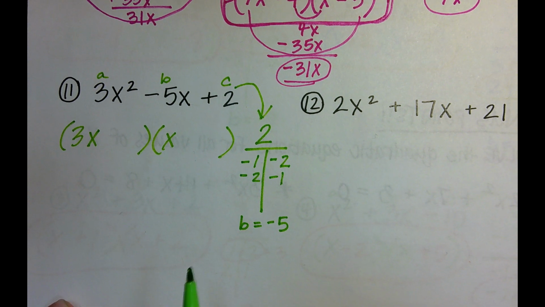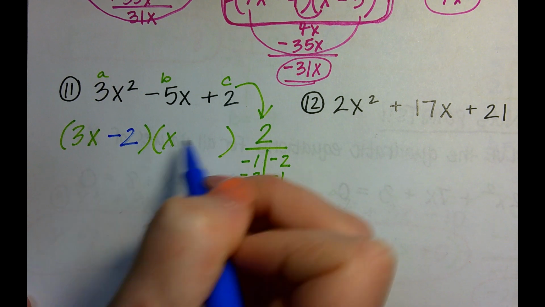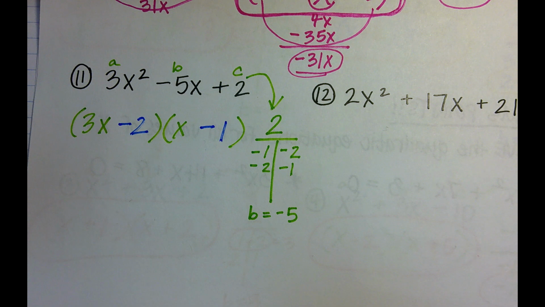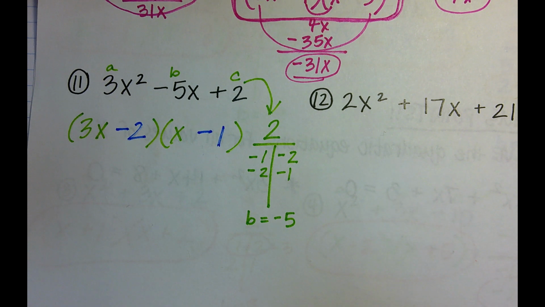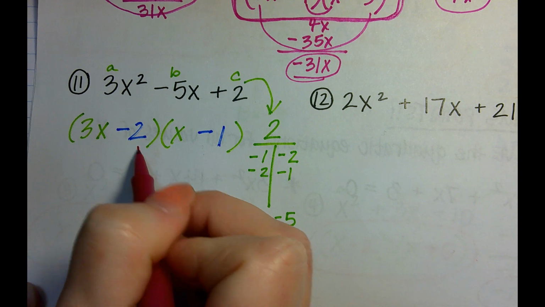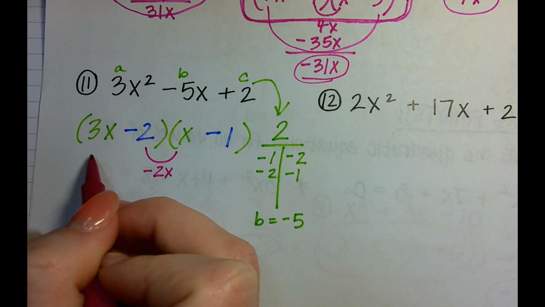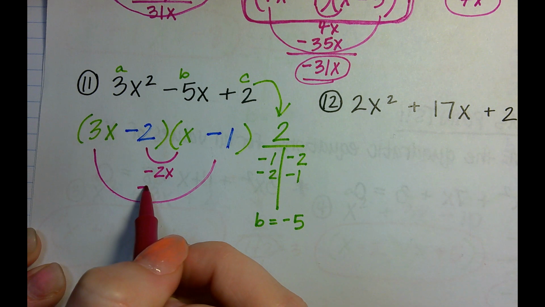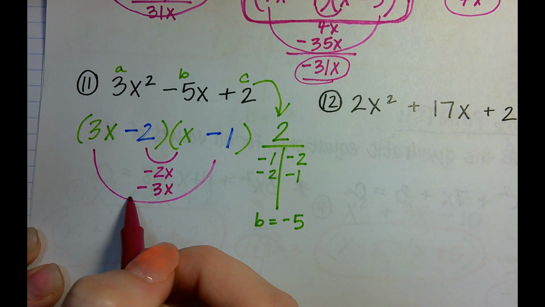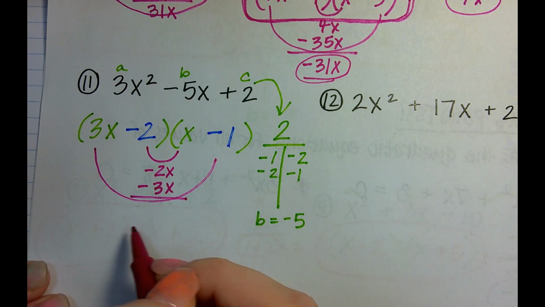Okay. So which one do we want to try? Let's try negative 2, negative 1. Okay. And how do we check if it's right? Rainbow method. So, negative 2x, negative 3x, what do they add up to?